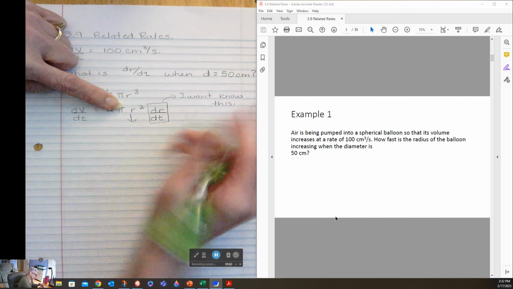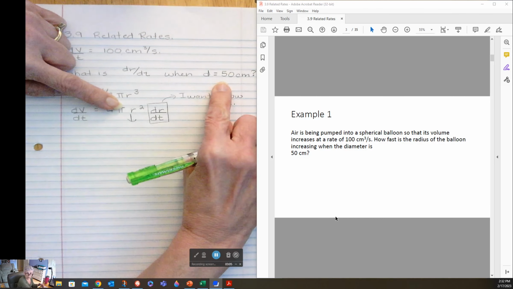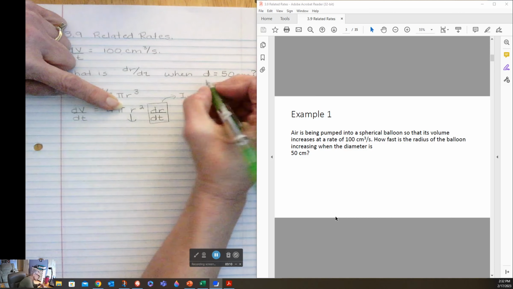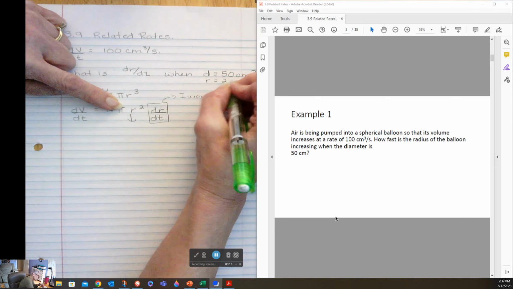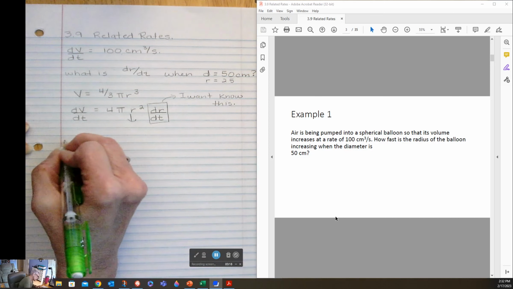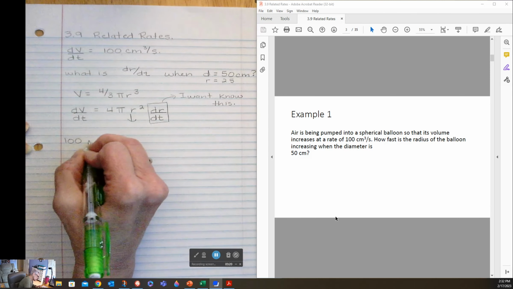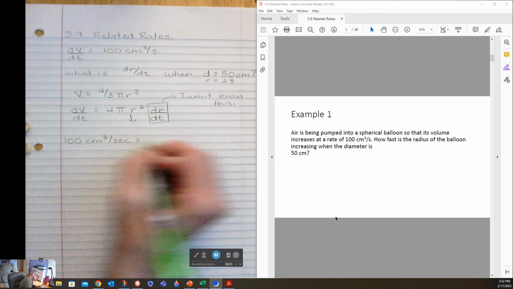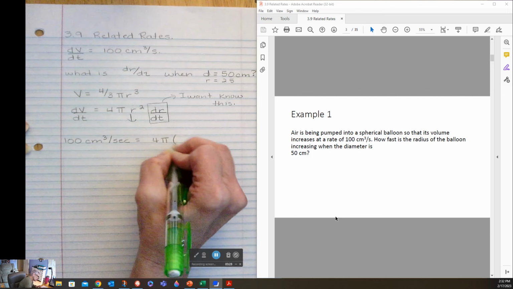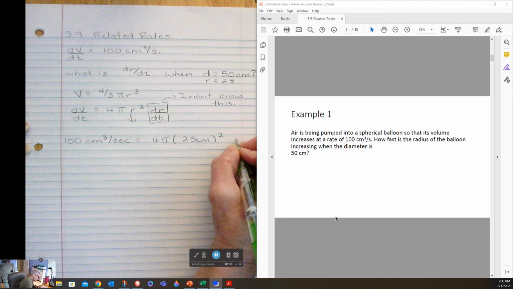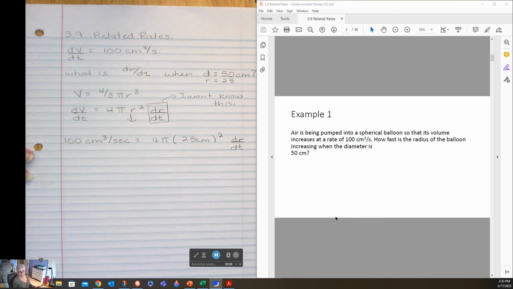And I have something I can plug in here because I want to know how it's changing when d equals 50, which would be r equals 25. So on the left-hand side, I have 100 cubic centimeters per second, which has to be equal to 4 pi times 25 centimeters squared times dr/dt.